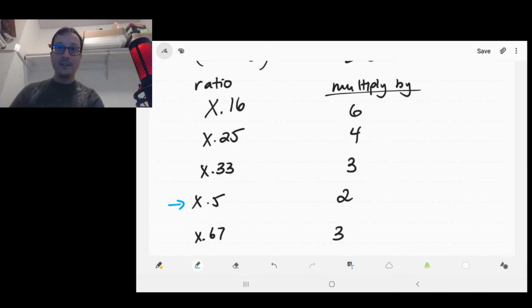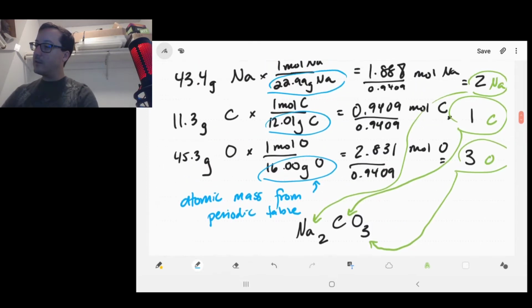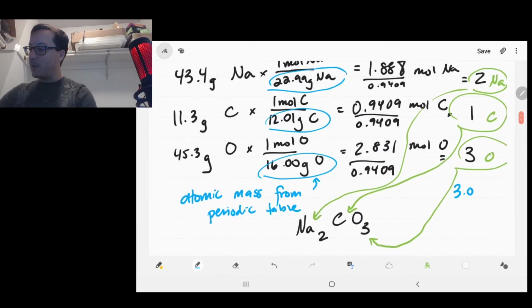If nothing else, if you want to just try things, you can keep trying to multiply your numbers to see what you get out. You want integers. And if you don't get exact integers, you want them within 0.05. We saw with the previous one, this oxygen was, we actually got 3.008.